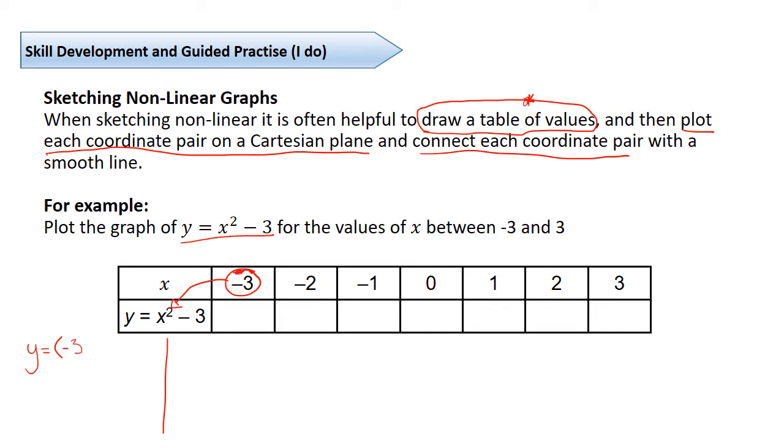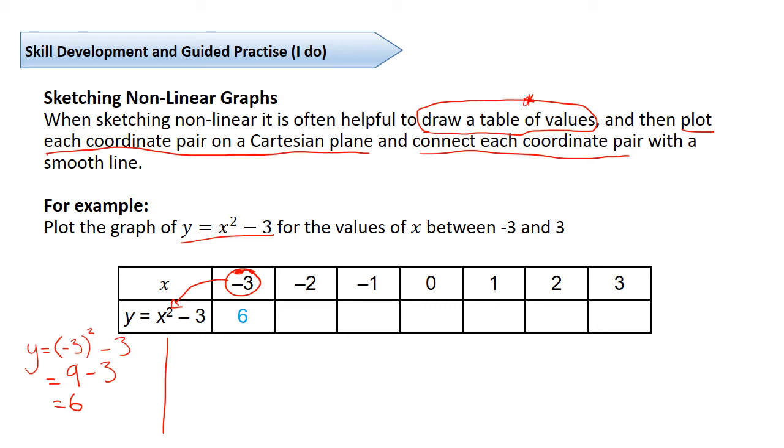So we get (-3) squared take 3. Now, you might notice that I threw some brackets in there. The brackets are going to be really helpful, especially if you're relying on your calculator, because if you don't type the brackets into your calculator, you can get some funky answers, because it is -3 squared. -3 times -3 is +9, take away 3. Okay, +9 take 3 is 6. We can work that y value in.